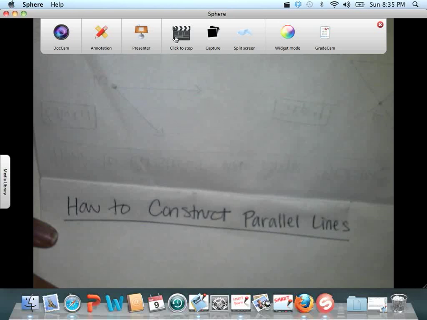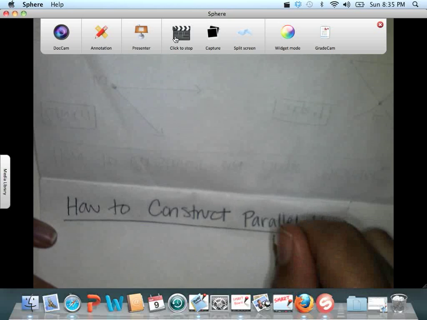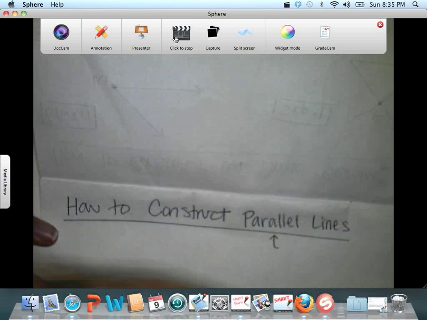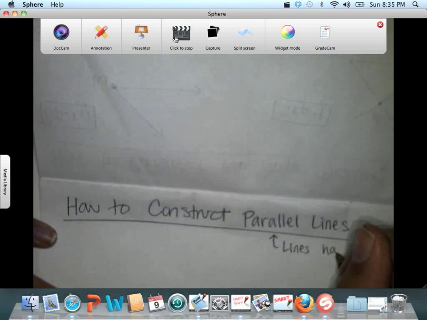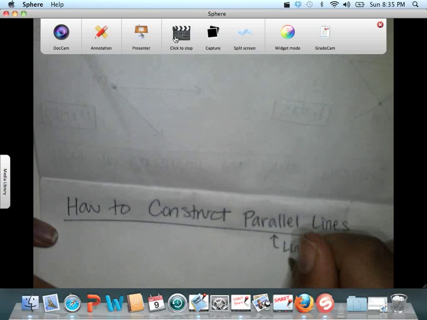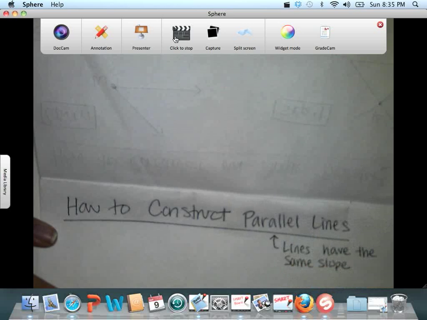Alright, now a quick note. You need to know what the word parallel means. Now the word parallel means that the lines have the same slope, okay? Or do not intersect, okay?